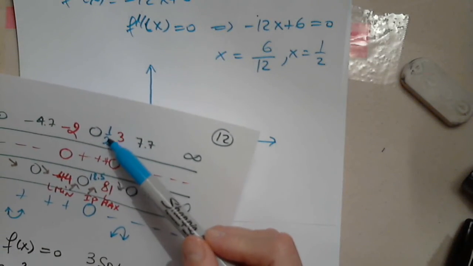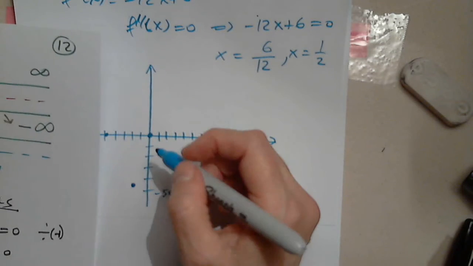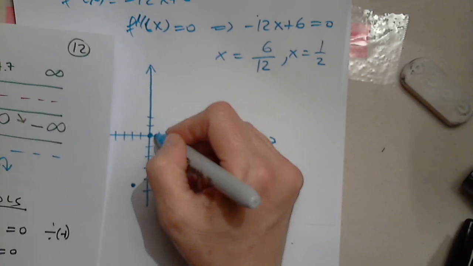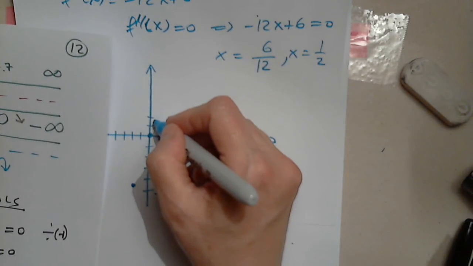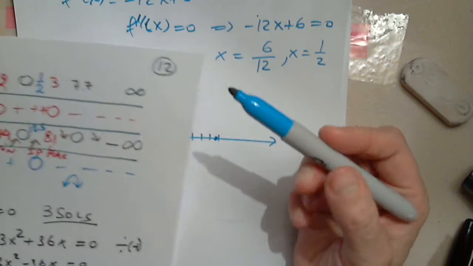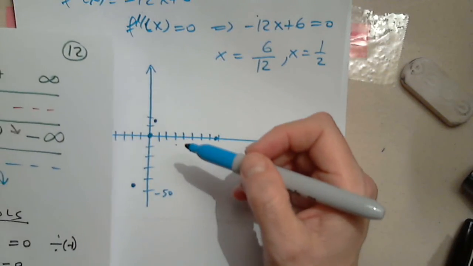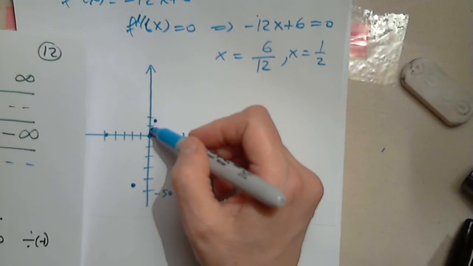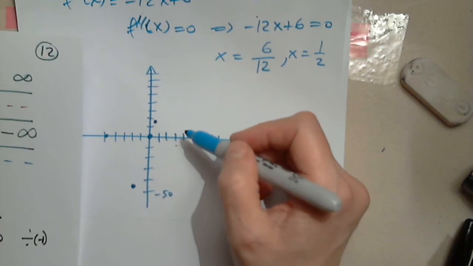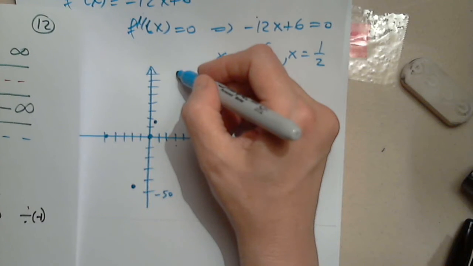Then I have 0.5, 18.5. So 10, 20, so 0.5, 18.5, somewhere here. And then finally 3, 81. 1, 2, 3, this is 3, 81: 10, 20, 30, 40, 50, 60, 80, 90, 81.